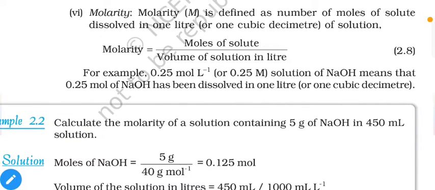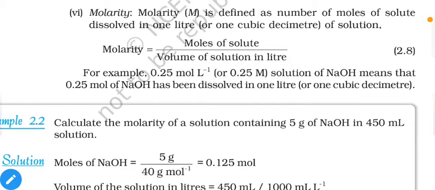So molarity is defined as number of moles of solute dissolved in 1 liter or 1 cubic decimeter of solution. That means the number of moles of the solute in 1 liter solution is directly represented as molarity of that compound. So molarity is equal to moles of solute divided by volume of solution in liters.